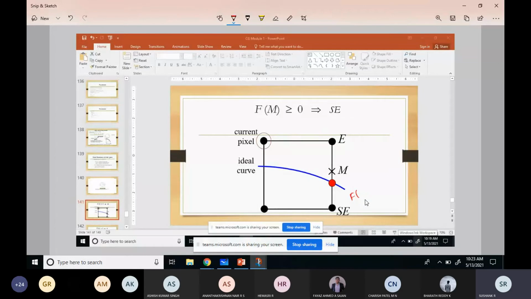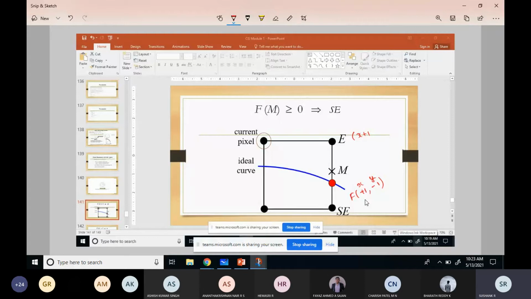If I'm choosing SC, x will be incremented by 1 and y will be decremented by 1. If I'm choosing E, x will be incremented by 1. That's all. So that is how it will work.